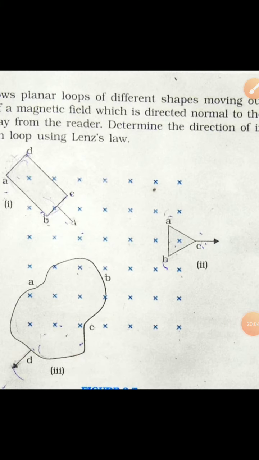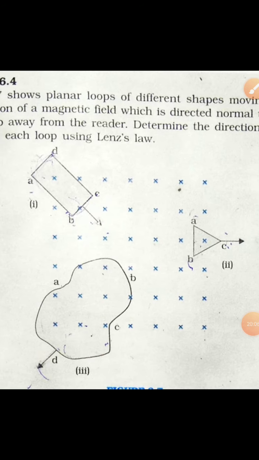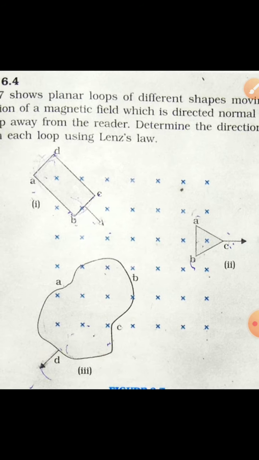Now in this diagram you have to find out the direction of induced current using Lenz's law. See, in the first diagram, the coil is being moved into the magnetic field. As it is heading towards the magnetic field, the area of the coil inside the magnetic field will increase. This increases the magnetic flux linked with the coil. So increasing magnetic flux linked with the coil is the cause of induced current.